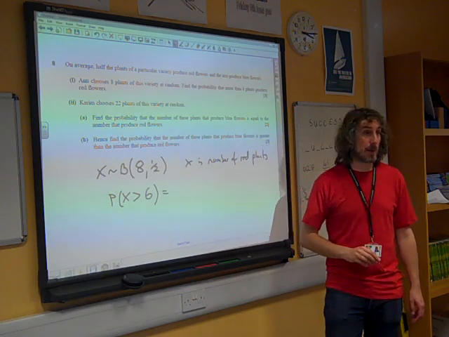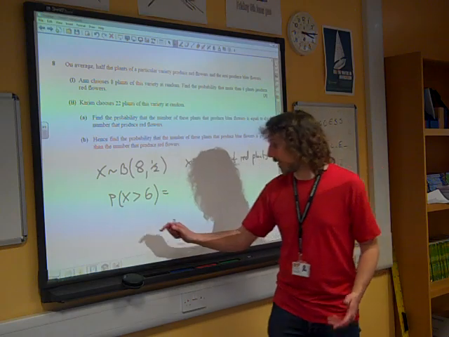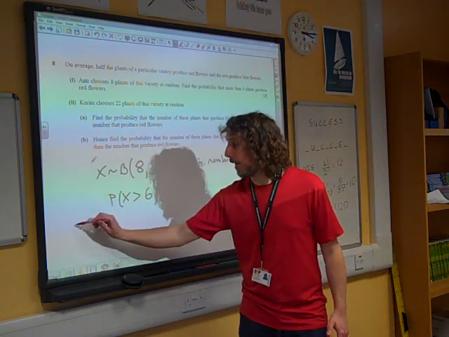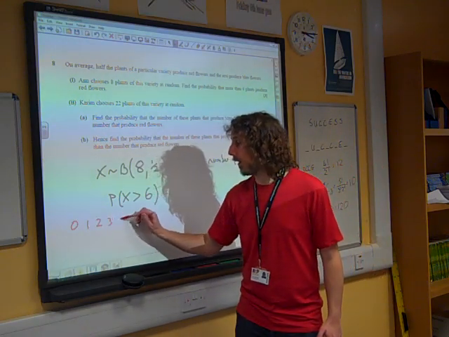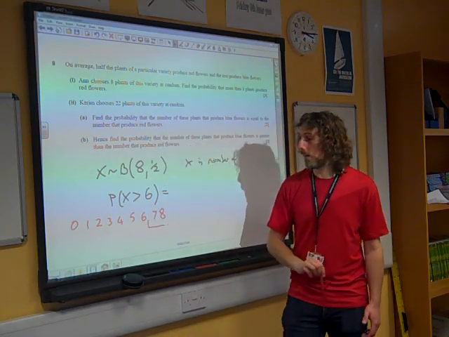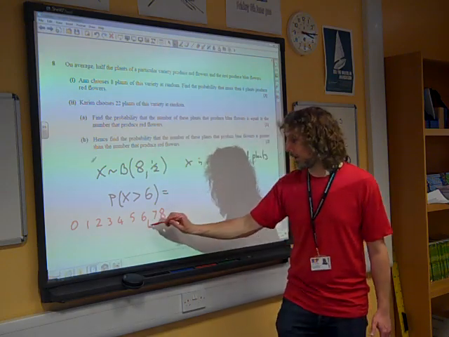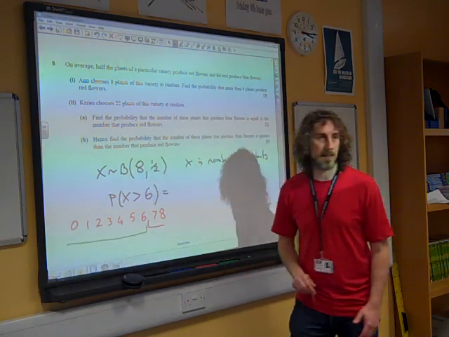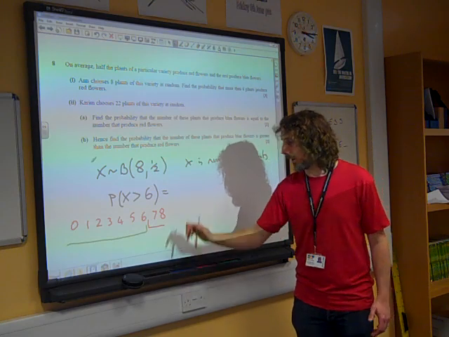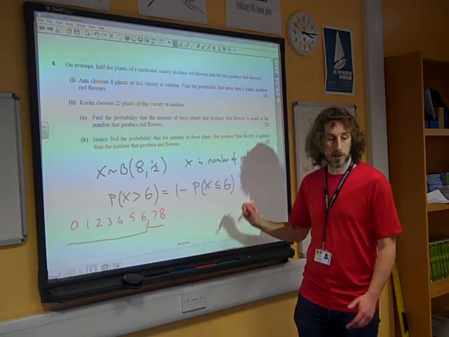If we're going to use the tables, we need to turn it into a less than or equal to probability. X can be 0, 1, 2, 3, 4, 5, 6, 7 or 8. We want it to be greater than 6, which is the opposite of it being less than or equal to 6. So this is 1 minus the probability that X is less than or equal to 6.